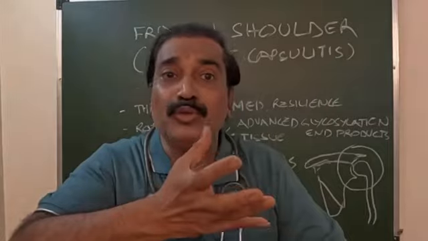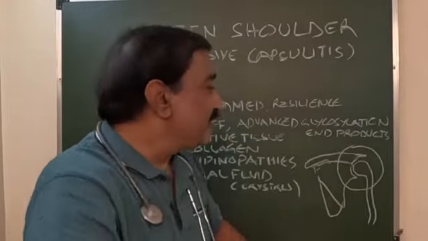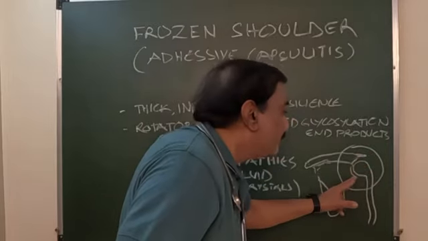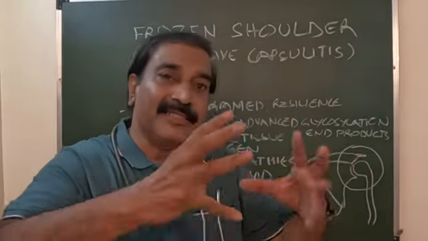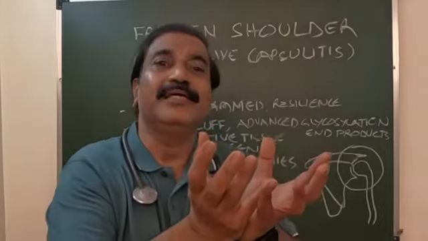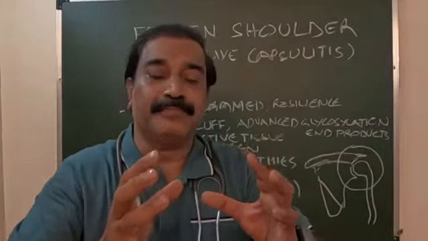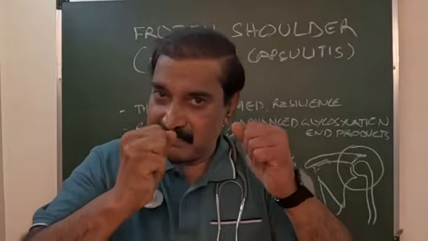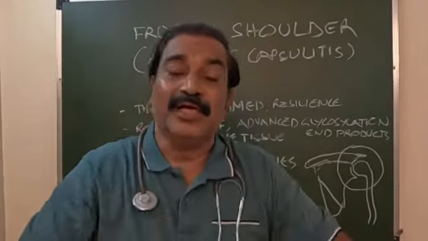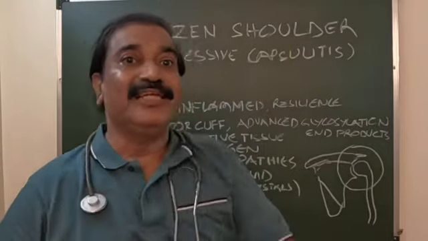A capsule is formed by all these things, around the joint. Usually the capsule is very soft but tough, and it allows 360 degrees movements.